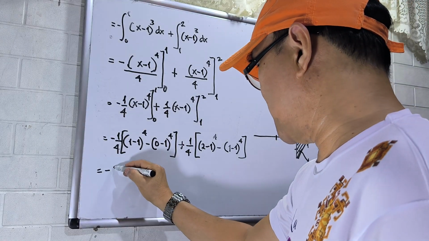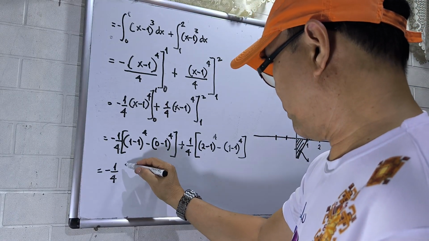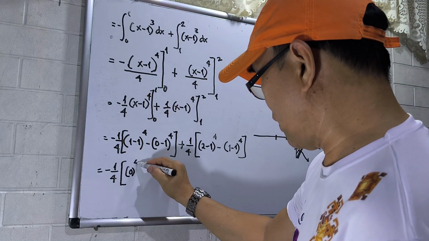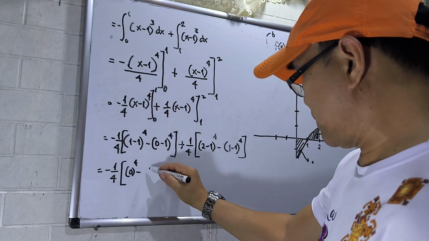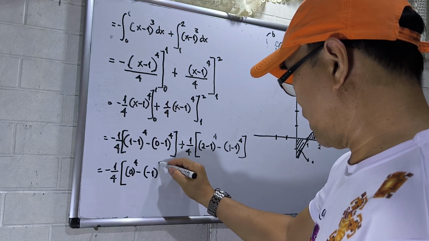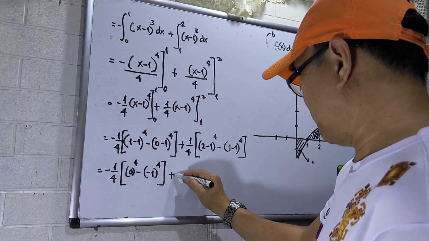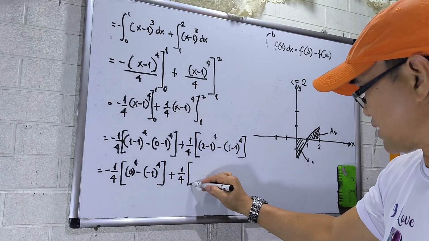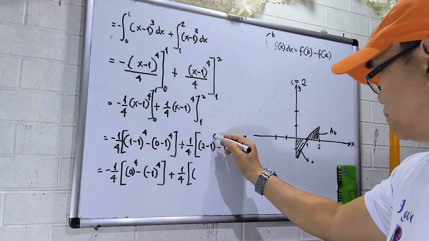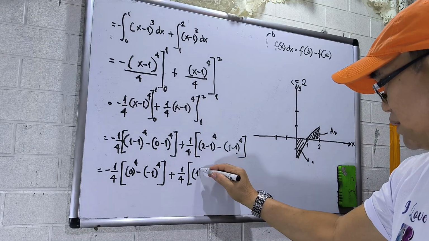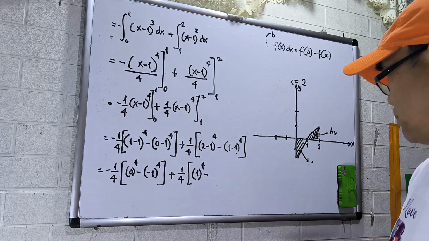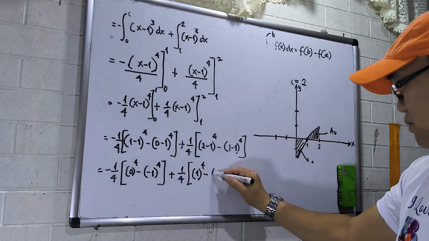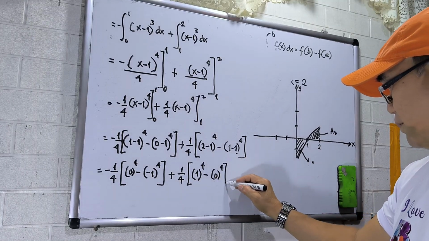So this will be negative 1 over 4 square brackets: 0 to the 4th and then minus 1 to the power of 4. Then plus 1 over 4 square brackets: 2 minus 1, that is 1 to the power of 4, and then 0 to the power of 4.